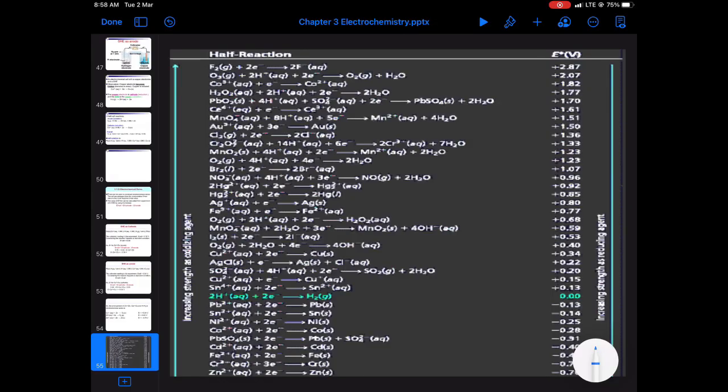To prove this, we can see the electrochemical series attached with your lecture notes, and we can see that copper is high above, hydrogen is in the middle because the value is 0, and zinc is at the bottom of the electrochemical series. That's all for this video. Thank you.